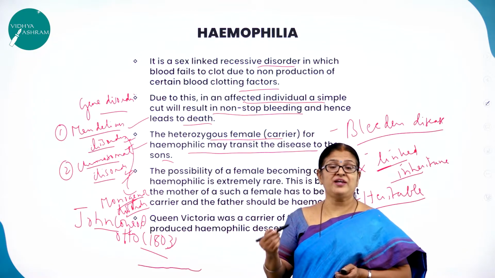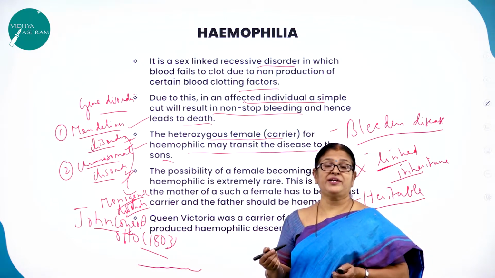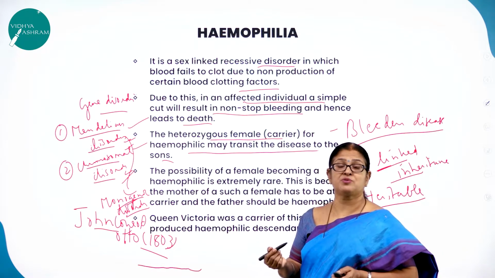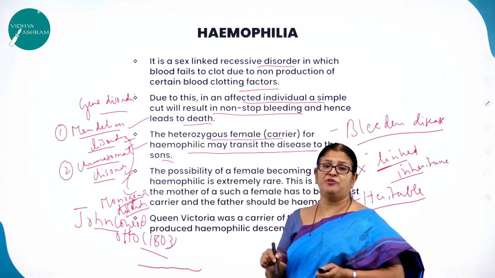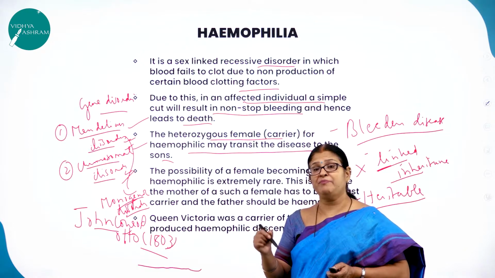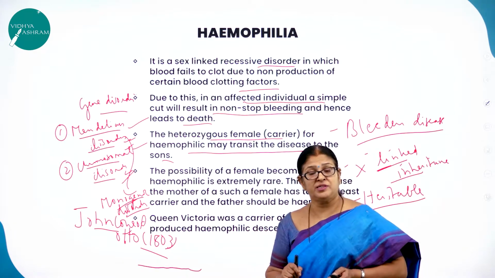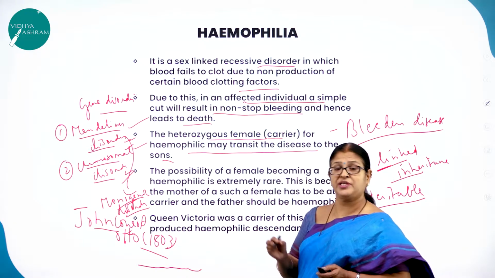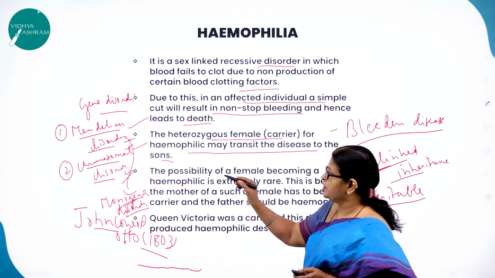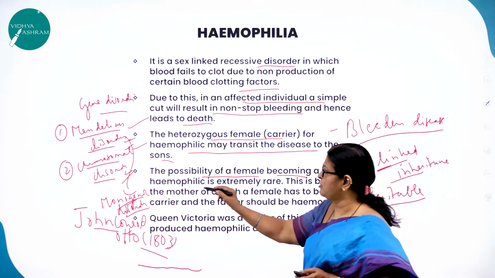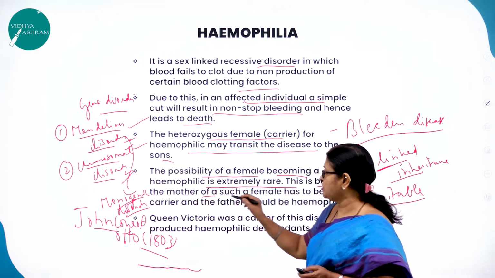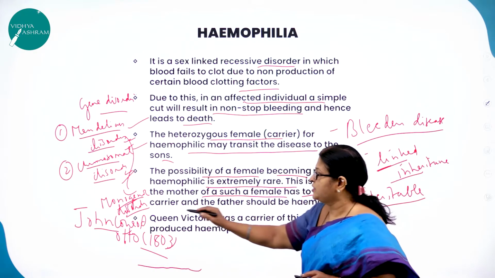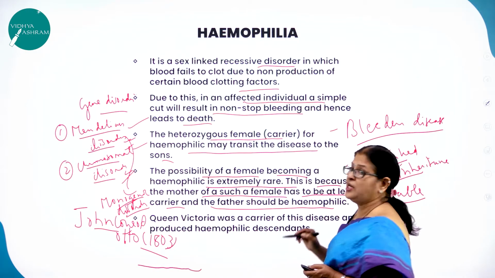So why is it very rare in females and more common in males? Because one single recessive gene is sufficient for the expression of the hemophilic character in males. But in females, two recessive genes should occur on the X chromosome for the expression of the character. So the possibility of a female becoming hemophilic is extremely rare. This is because the mother of such a female has to be at least a carrier and the father should be hemophilic.